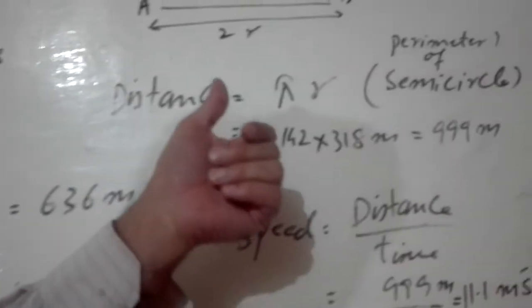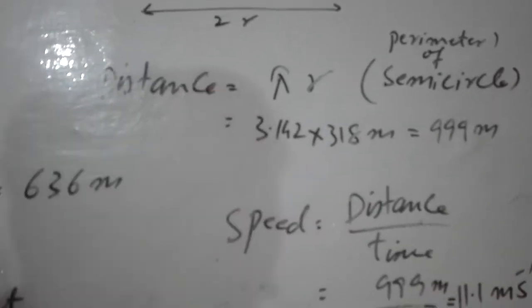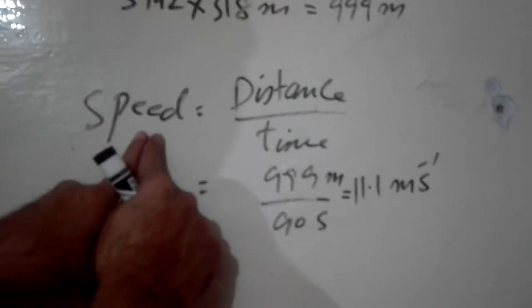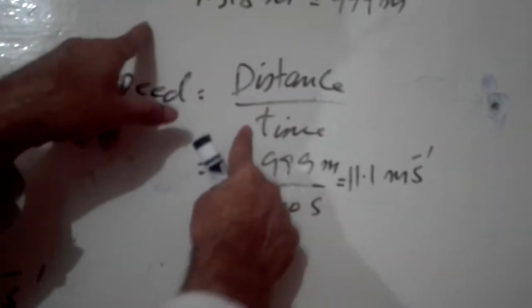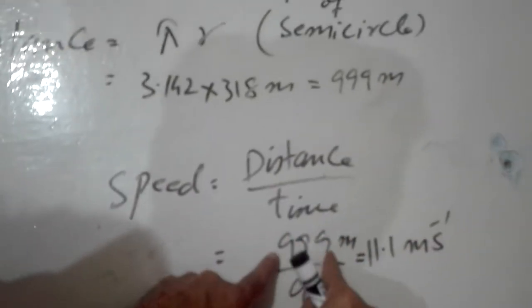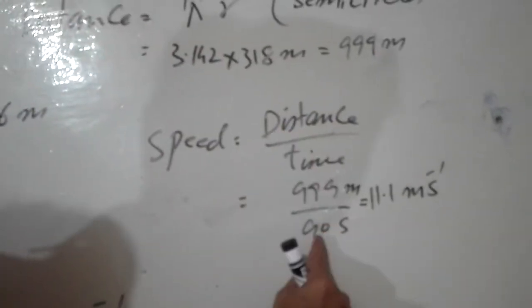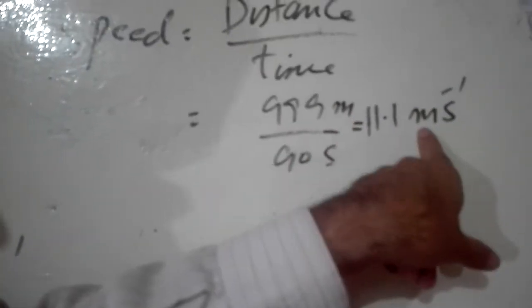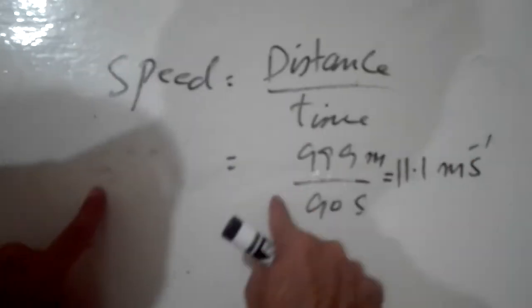Now I can easily find the speed and velocity. If I want to find the speed, I will use the formula of speed: distance over time. I now have distance 999 meter, and time is the same, 90 seconds. I will divide this distance by 90, and I will get the answer 11.1 meter per second. So this is my answer for speed.